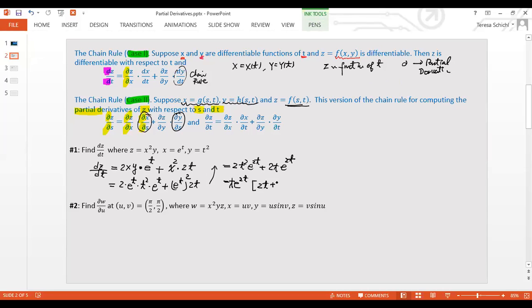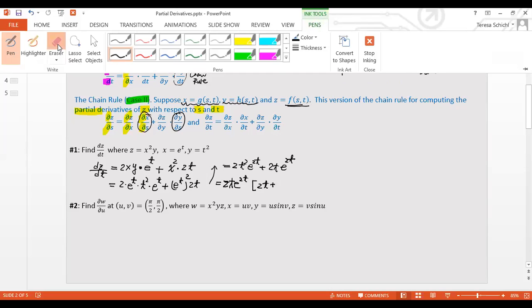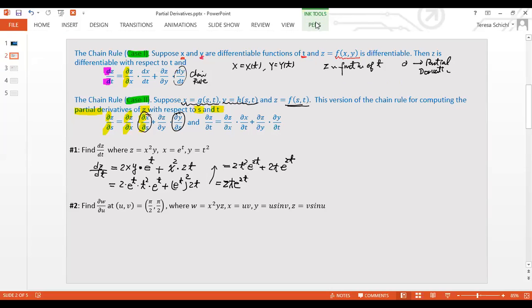So this is 2t. Now you can even factor 2 out, right? So if you factor the 2 out, here you will have what? t plus 1 here.